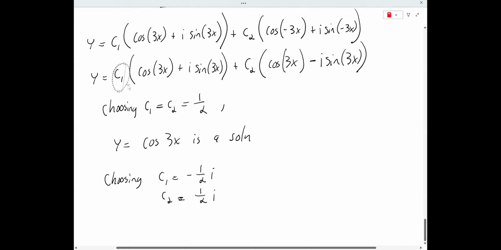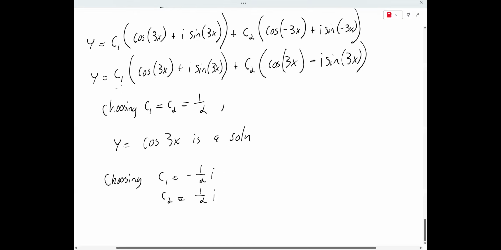If I take negative 1/2 i and distribute it, I get negative 1/2 i cosine 3x here, and over here, if I put in 1/2 i for C2, I get 1/2 i cosine 3x. So these two will cancel, right?